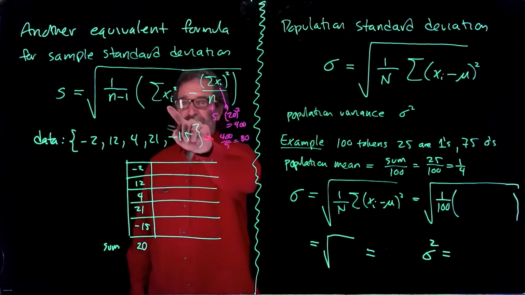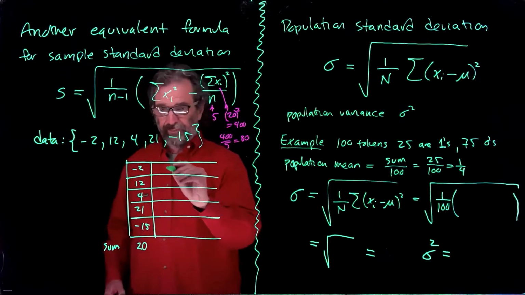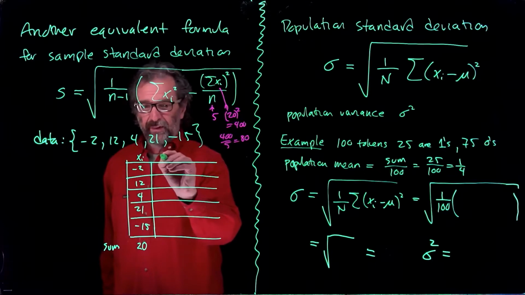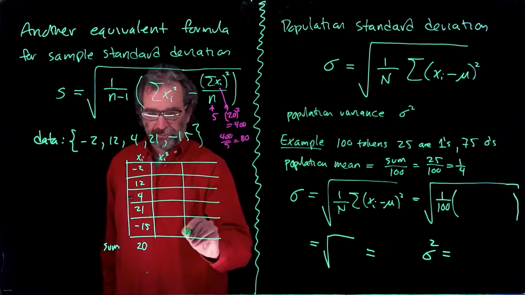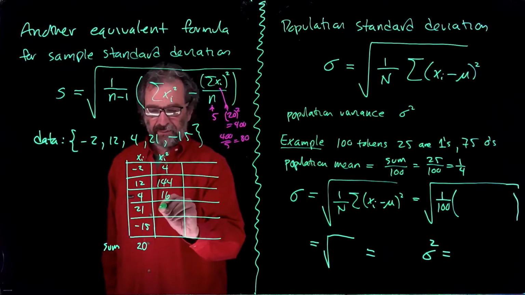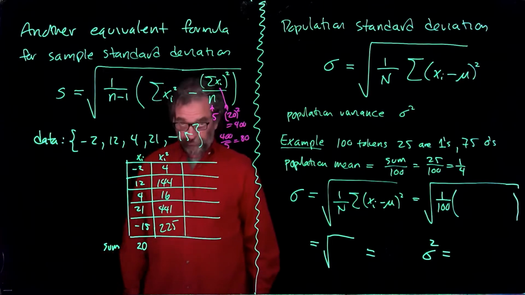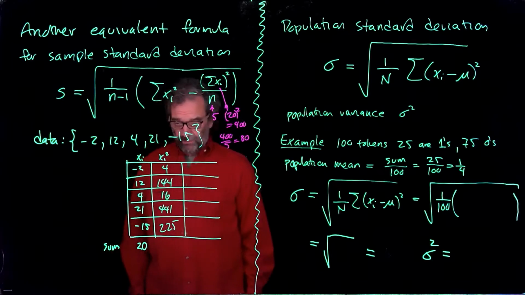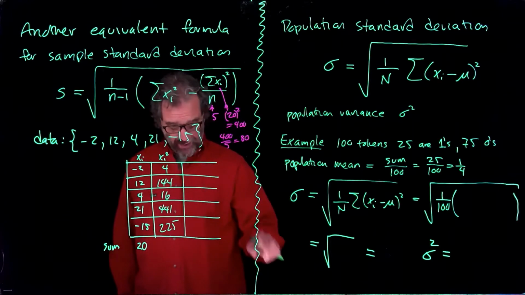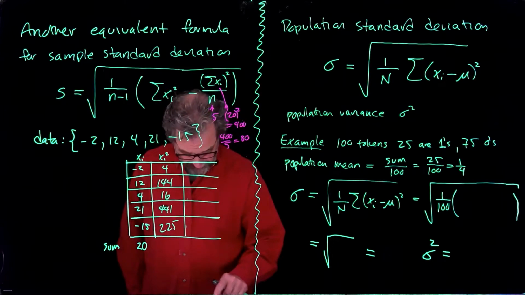And the other thing we need is the sum of the squares. So now we'll square these. So this is xi, and this is xi squared, say like that. 4, 144, 16, 441, 225, like that. Okay. Now we need to sum those. So some things I might double check here.